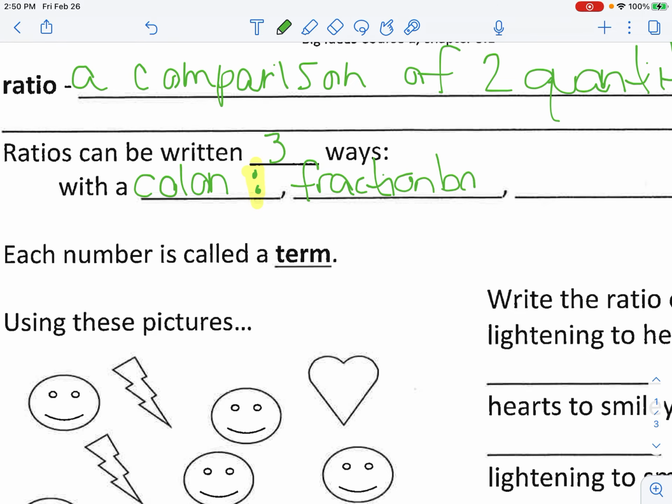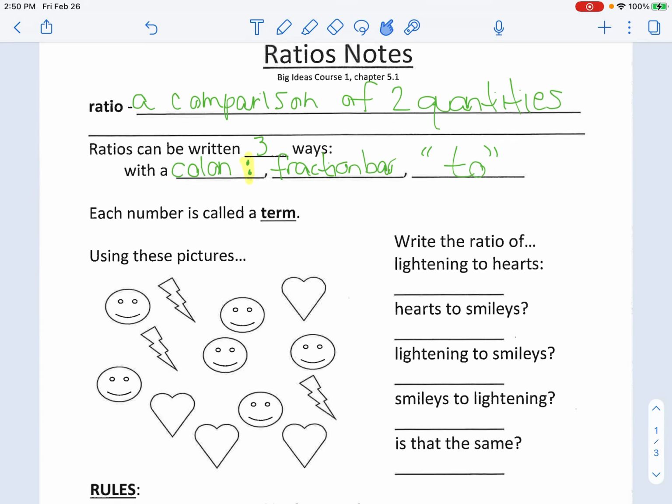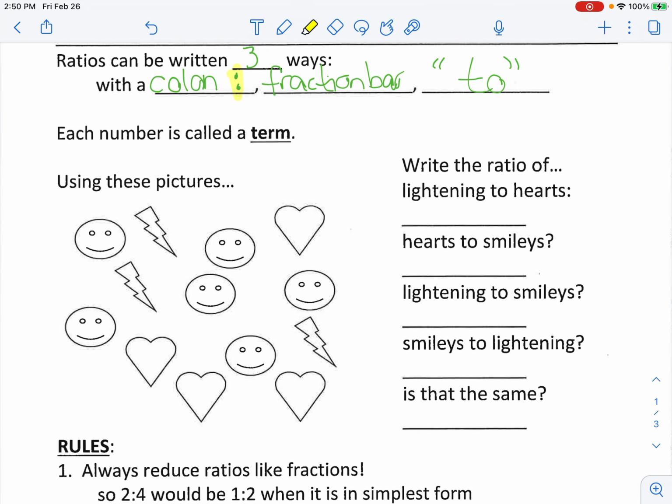We all know what a fraction bar is. We've used those a lot this year. And then the third way that we can write a ratio is simply writing the word "to." When we're talking about the numbers in a ratio, each number in the ratio is referred to as a term.